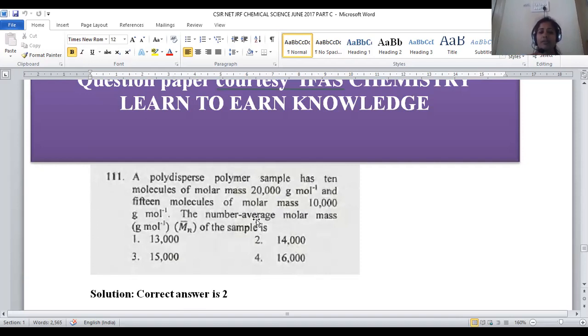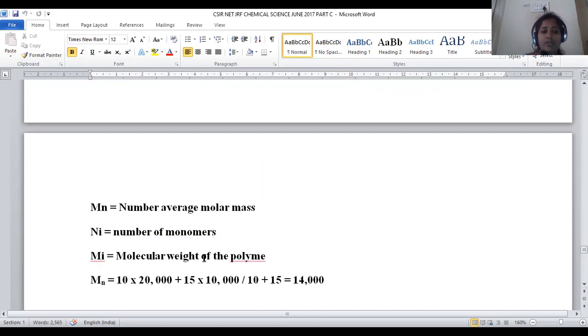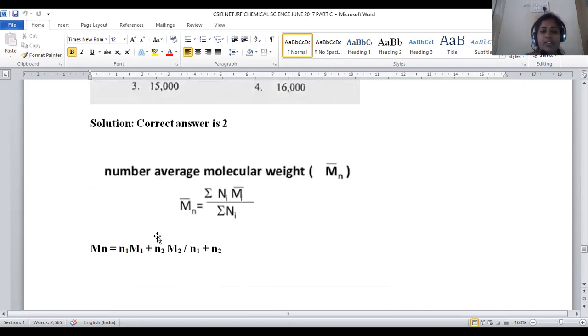In this case, two or more than two different types of monomeric units can be blended, right? So 20,000 is the molar mass of one kind of monomeric unit we are adding, and 10,000 is another one, right? So let us substitute those molecules.